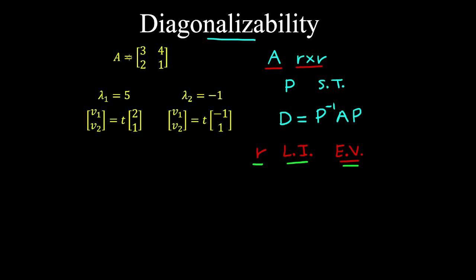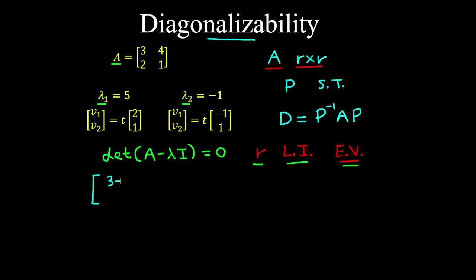So as we've done previously for our example matrix, we calculated the eigenvalues using the characteristic equation being the determinant of A minus the scalar lambda times I is equal to 0. And then for each eigenvalue, we solve the following equation.